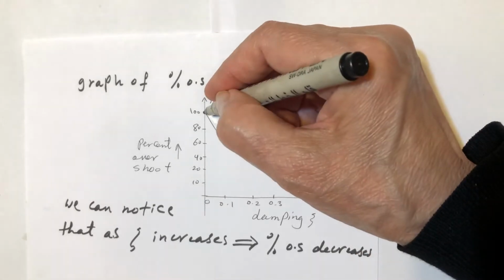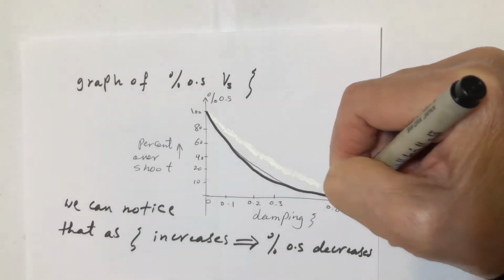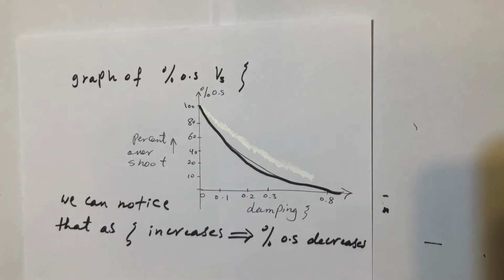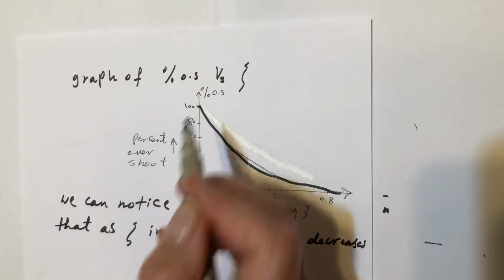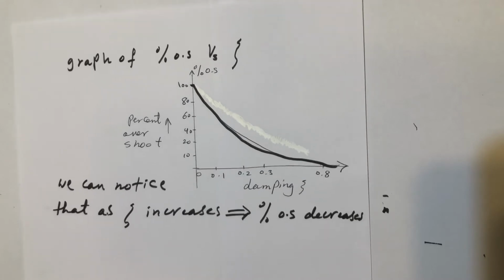So this is a graph of percent overshoot against zeta. This is 100%. We don't go more than 100%.